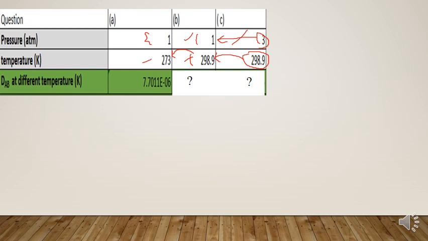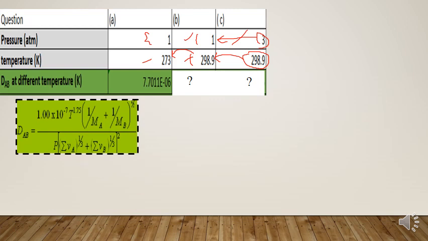So in order to determine the conditions listed in B and C, you don't need to recalculate again. You can just use the correlation between DAB, temperature and pressure. So how can we get this correlation?